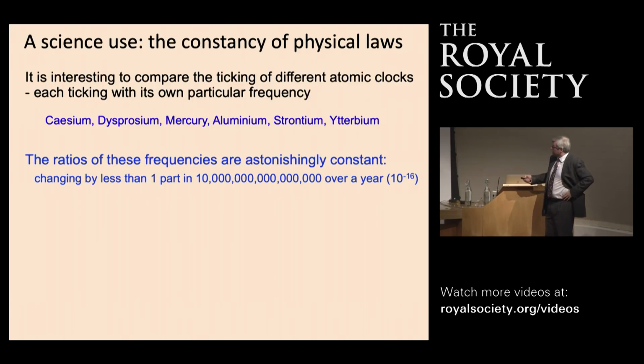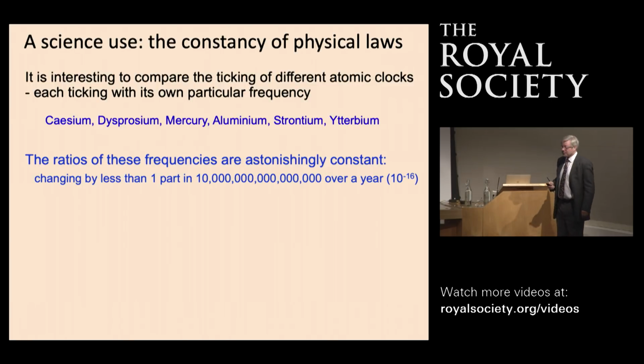So the result of experiment is that these frequency ratios change by less than 1 part in, I don't even know how to say this now, 10 million billion, I think it is. Anyway, 10 to the minus 16. It's 1 part in 10 to the 16. It's amazing.